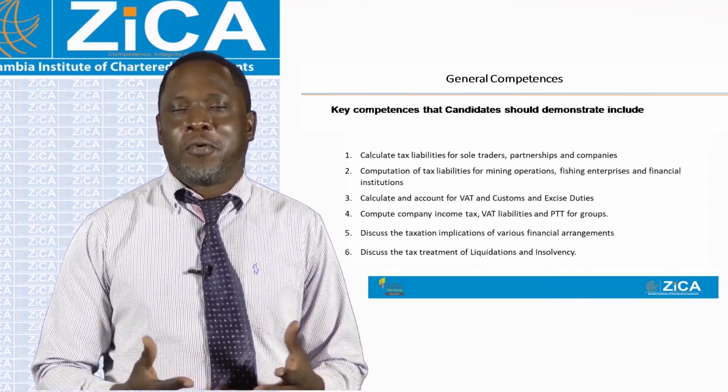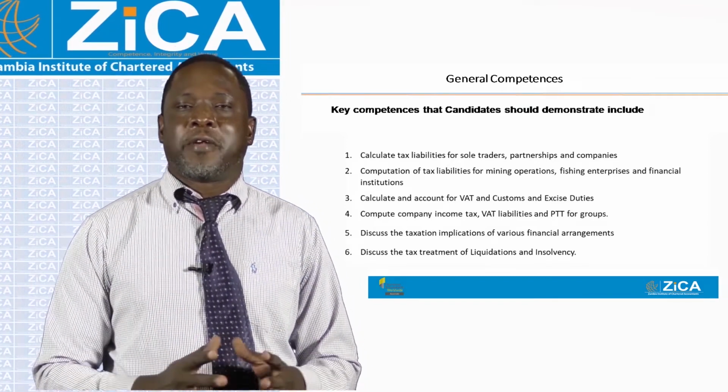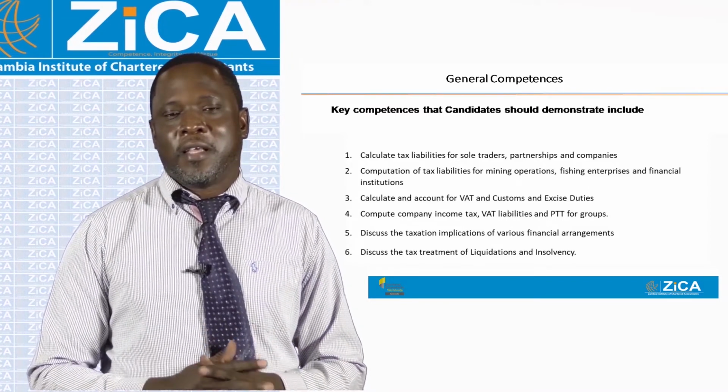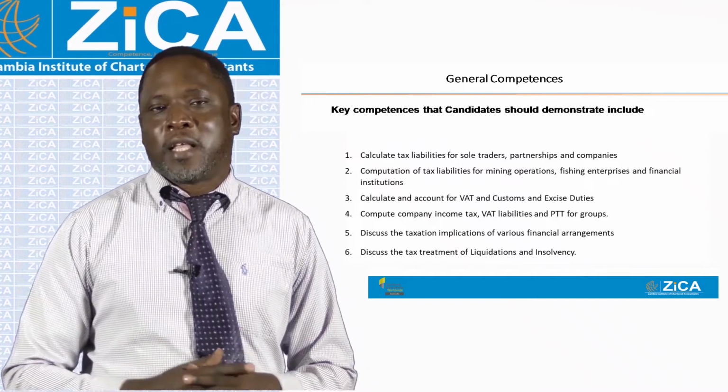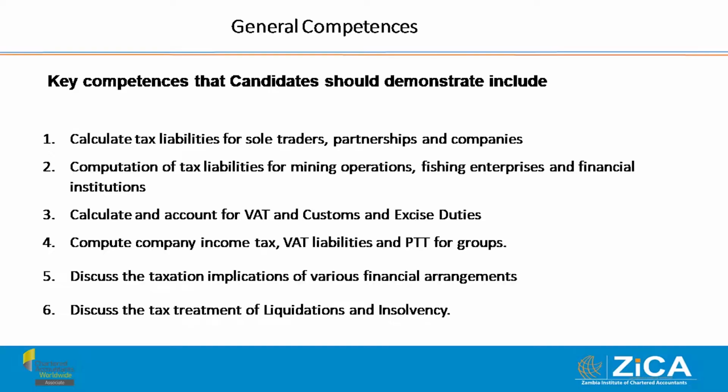You should also be able to discuss the taxation implications of various financial arrangements. And lastly, the other key competence that is expected of a student taking this particular paper is to be able to discuss the tax treatment of liquidations and insolvency.